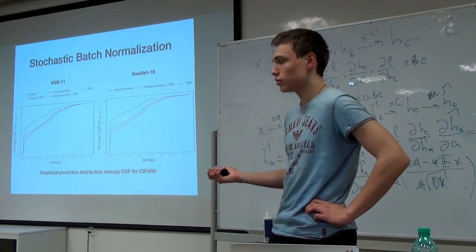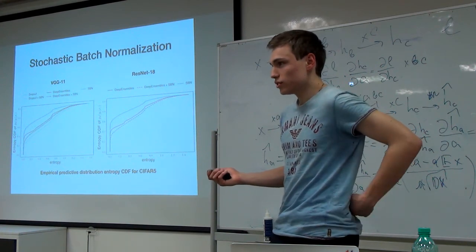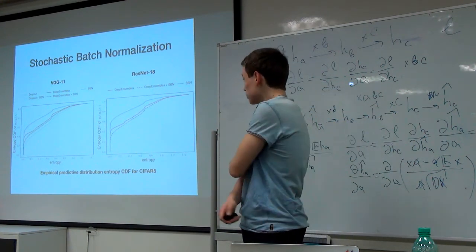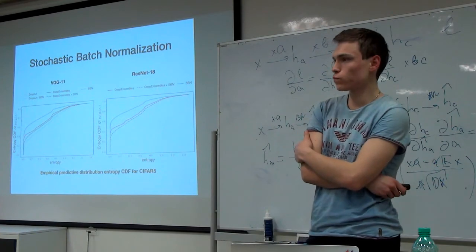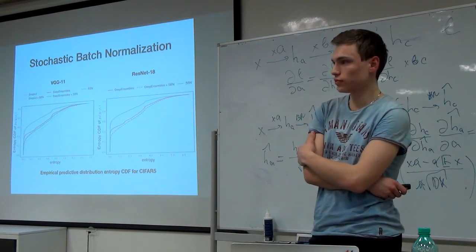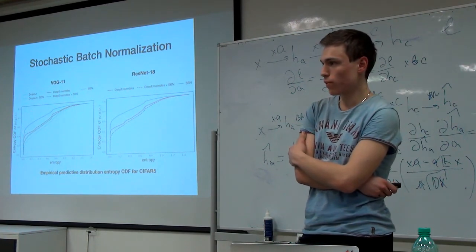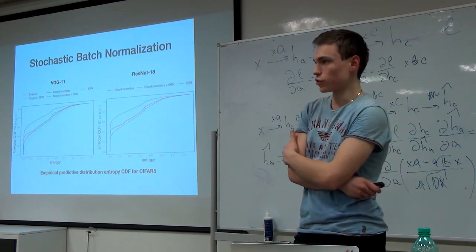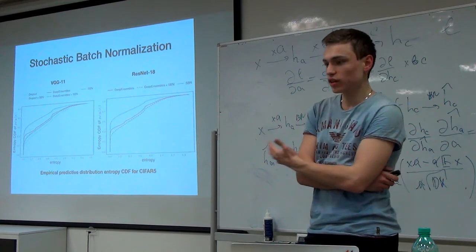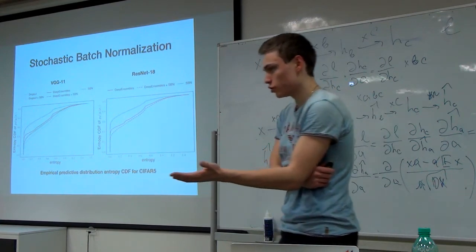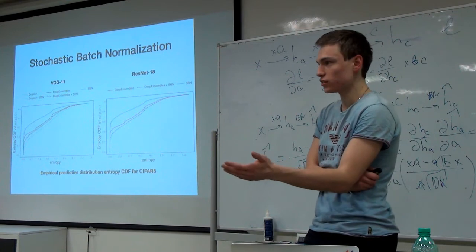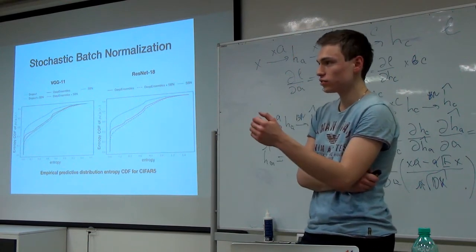So temperature calibration is some kind of additional procedure, and here we obtain the uncertainty estimator end to end using the same training data. For this procedure, you need some validation set. You need a validation set anyway.